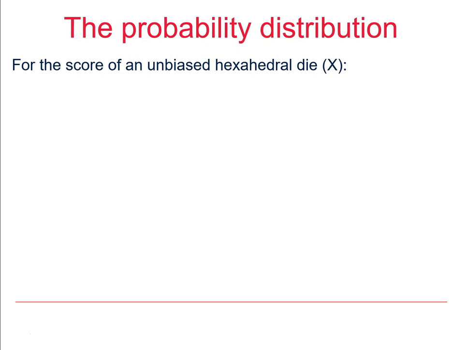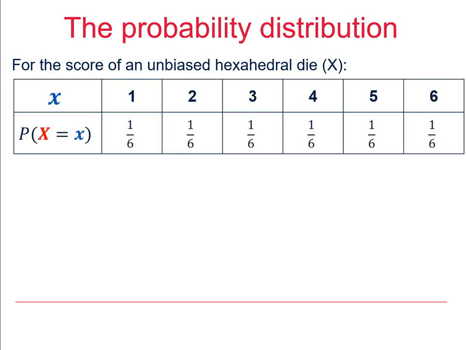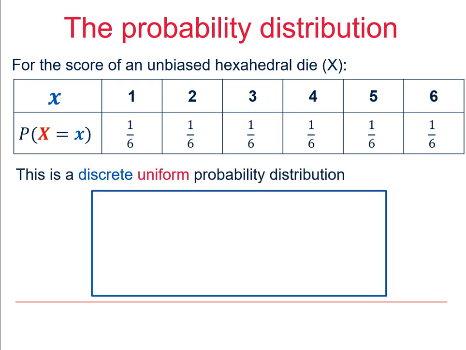So if we look at the possible outcomes for the score on an unbiased hexahedral or six-sided die, this was the table we had before, and sometimes discrete random variables can be described not in a table, but can be written in a different form.